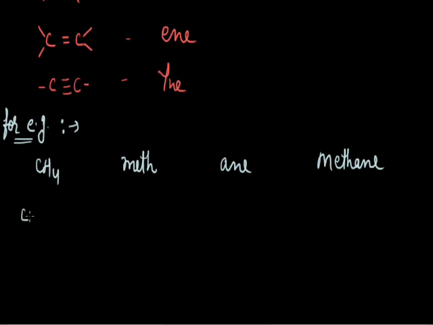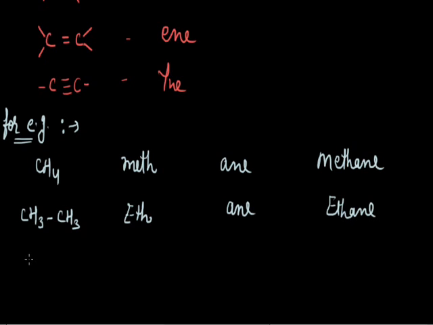Now CH3 single bond CH3. In the case of CH3 single bond CH3, two carbon atoms are present, so we use word root eth. And because only a single bond is present between carbon and carbon, we use "-ane" as primary suffix. So the IUPAC name of CH3-CH3 is ethane.